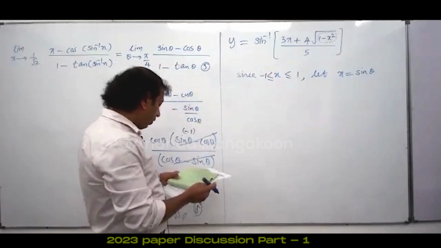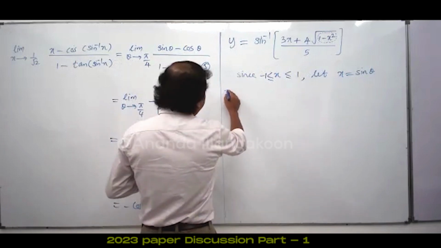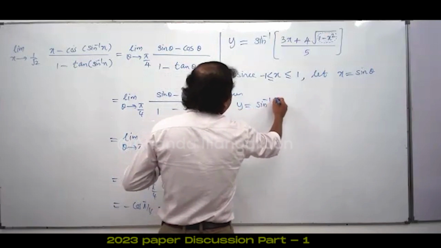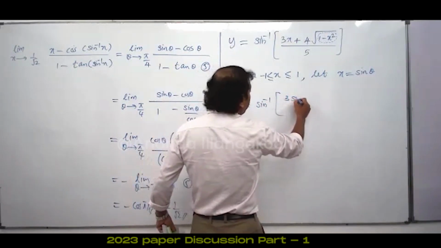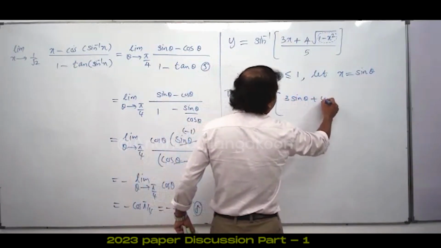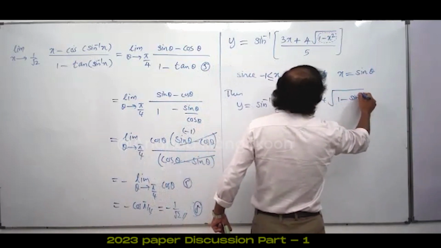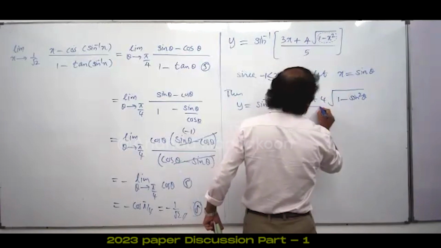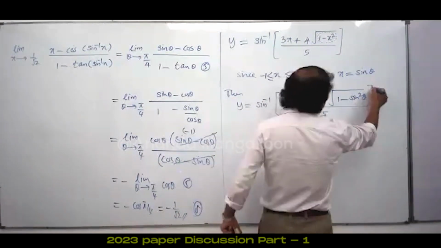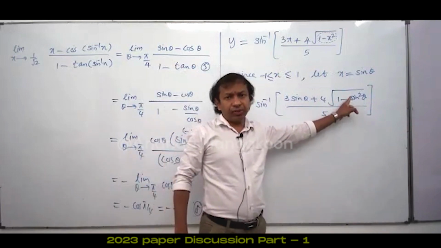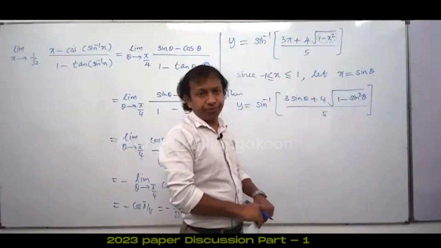Then y equals sine inverse of (3 sine theta plus 4 times root of 1 minus sine square theta) divided by 5. This 1 minus sine square theta is cos square theta. Its root is cos theta.